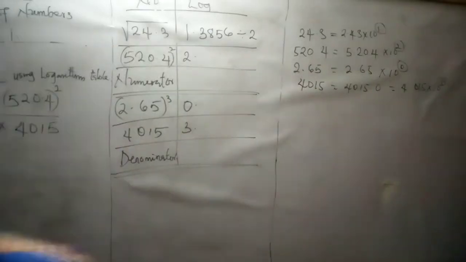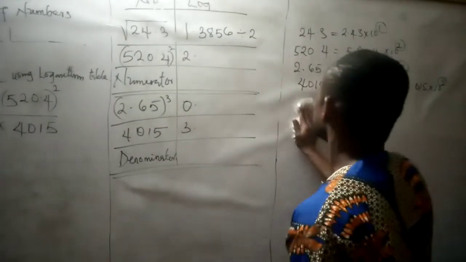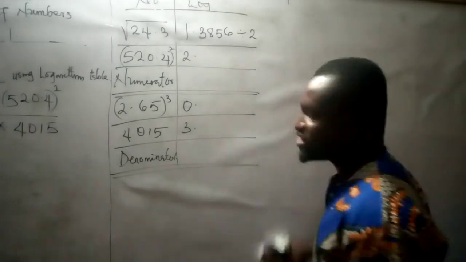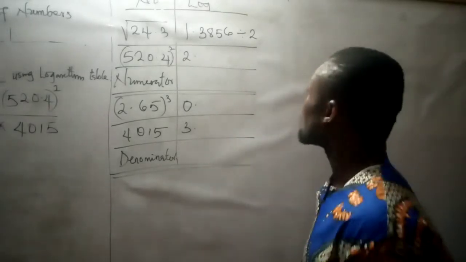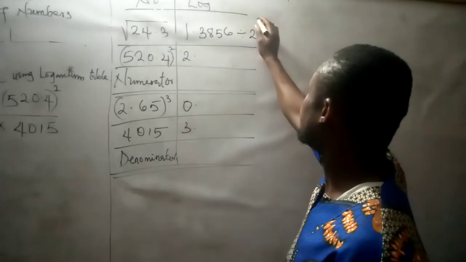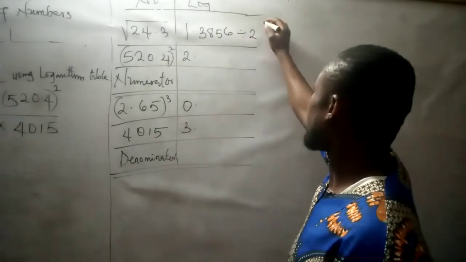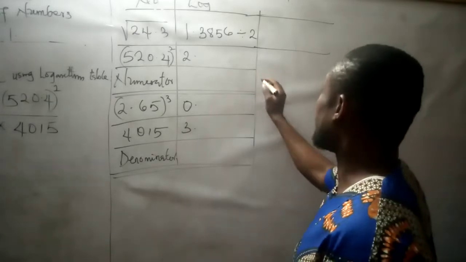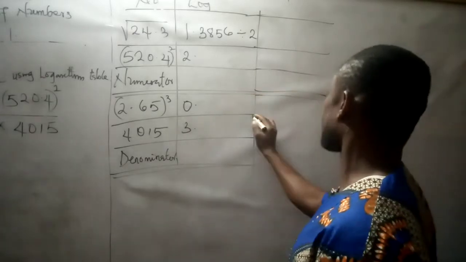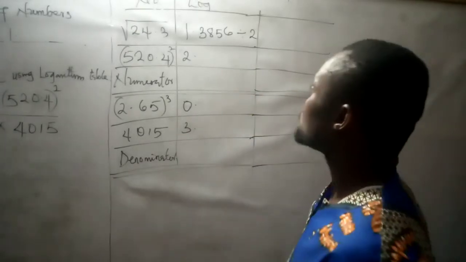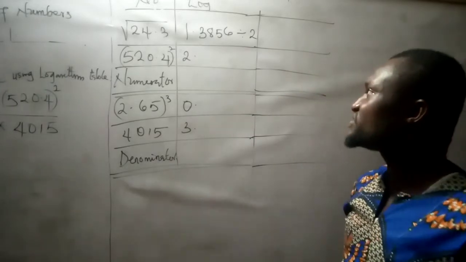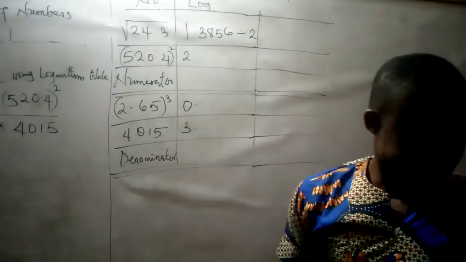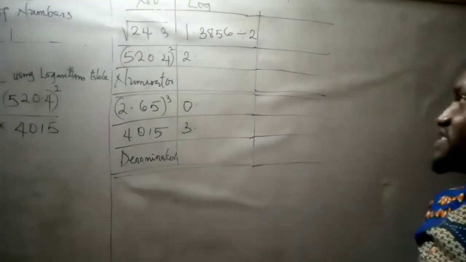Now, with the use of our calculator we are going to divide this: 1.3856 divided by 2. Okay, let's see the solving now.